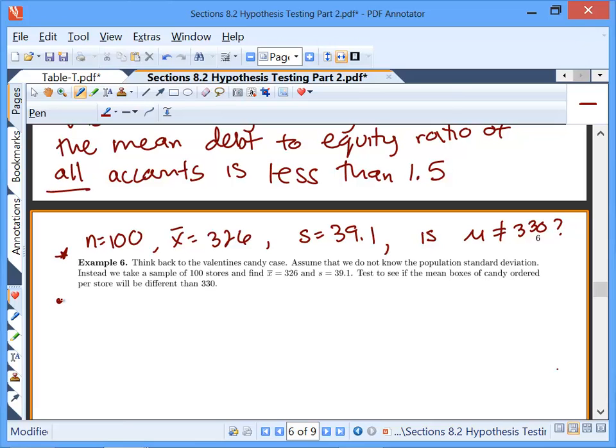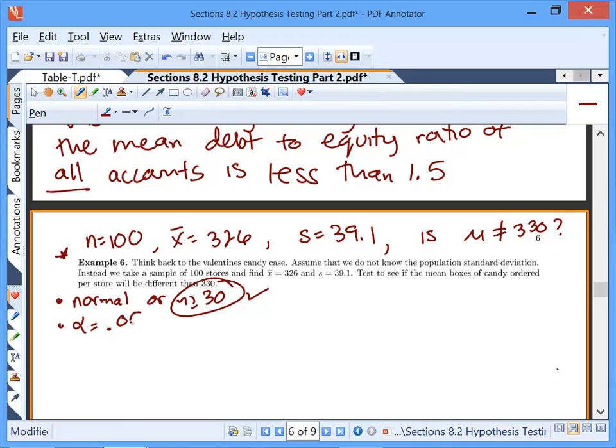So what are some of the steps that I need for this hypothesis test? Normal or large sample size. Which one of those is met? Large sample size. What else do I need? I don't know alpha yet. Pick an alpha for me.